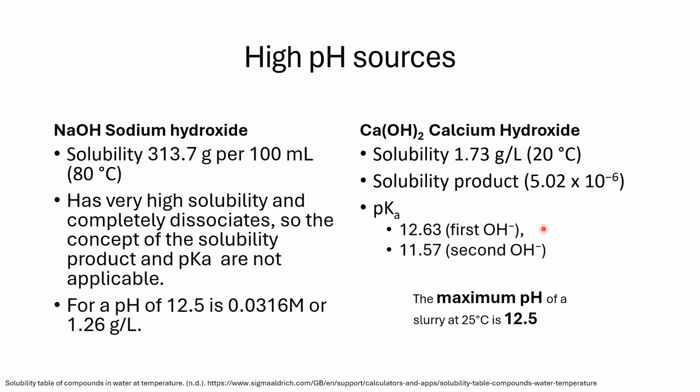However, it has an extremely high pH. So what we've got is our OH minus ions are being created in solution. There aren't that many of them, and they're very limited. But the maximum pH we can get from this is about 12.5.